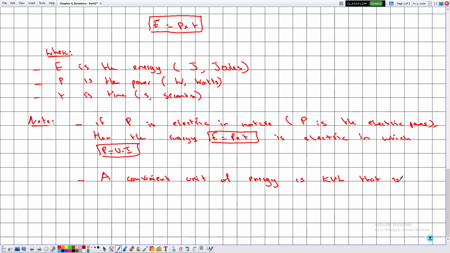That is used in domestic installations. So let me here make it clear that this is kilowatt hour.